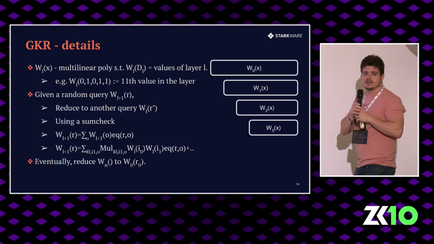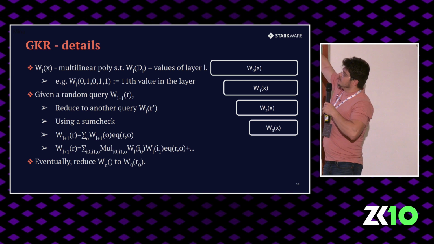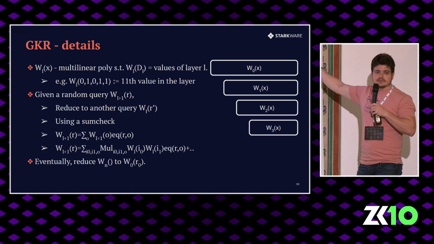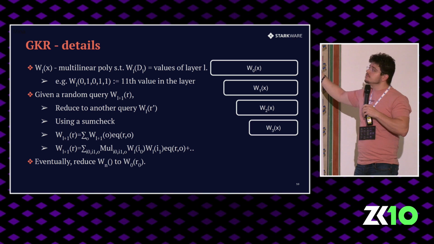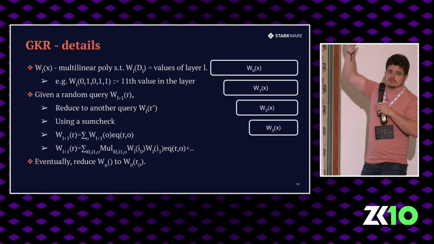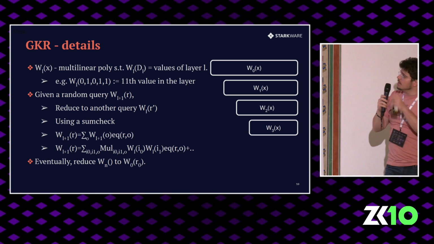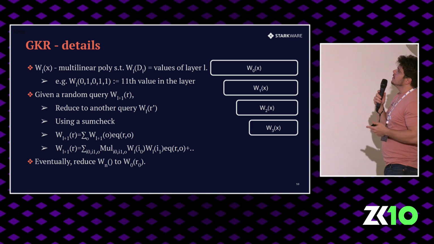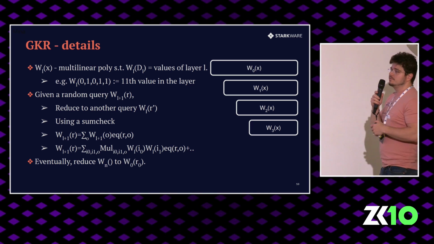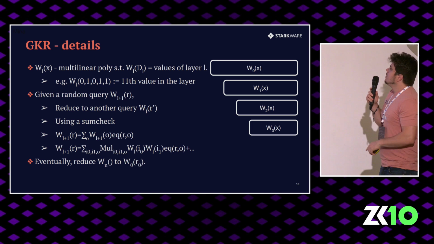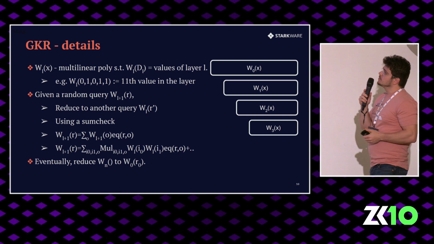So imagine I have this circuit that ends with a single value, and I do a query to this single value, which is just the value itself, and reduce it to a query to the layer before, until I get a query to the input layer. And then I use my polynomial commitment scheme to compute this query at the input layer. All right, so how does this reduction work?